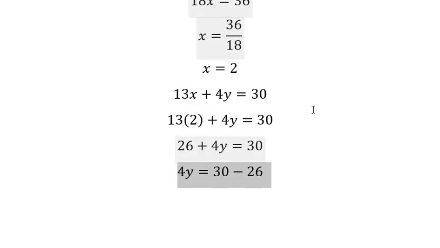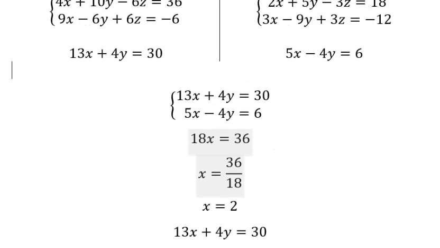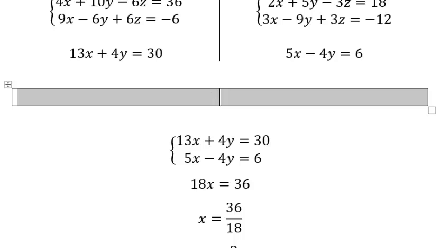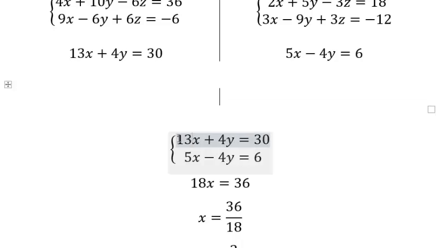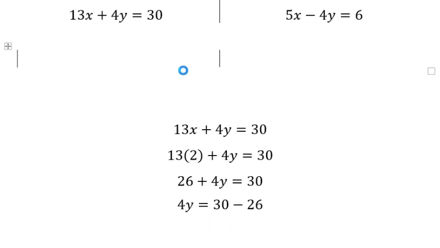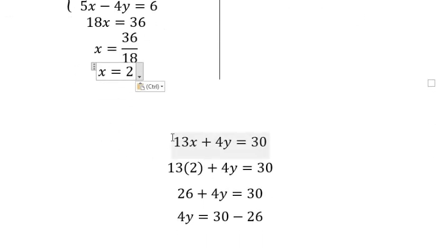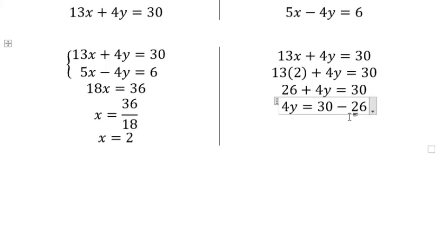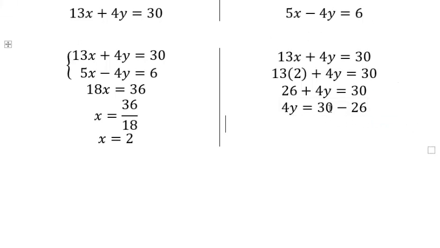Okay, now let's see if I can arrange this in another way. Could suit better organization. Okay. I could put this in here, and then I could put this here. Yeah, that would be better. Okay, to find x on one side and y on the other one.